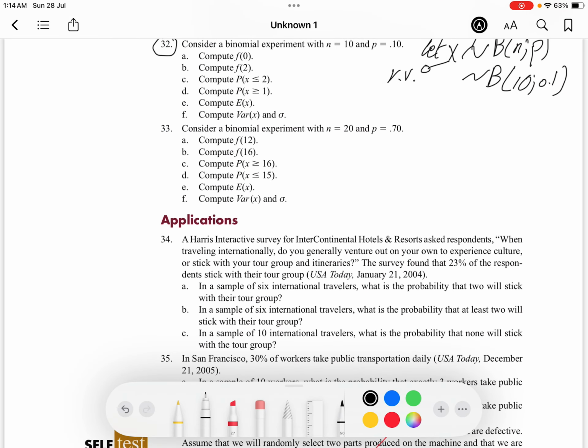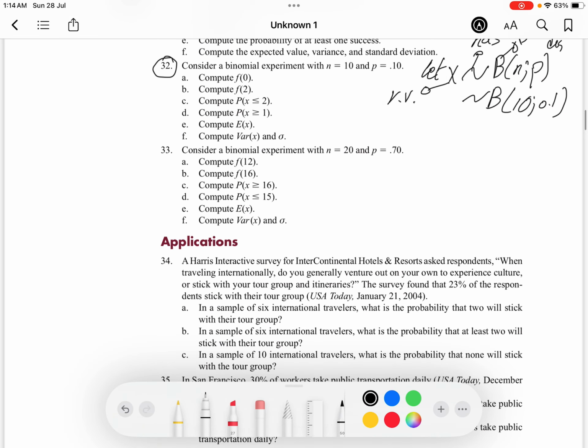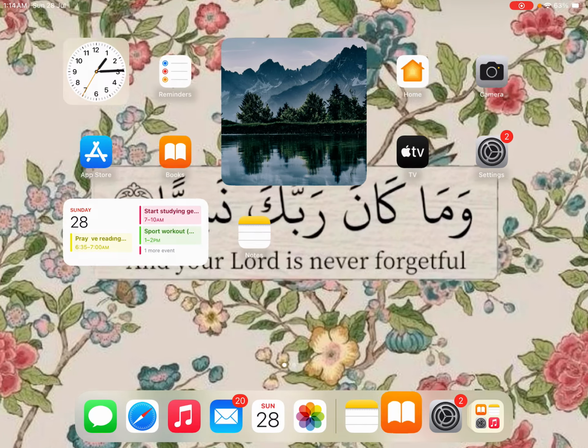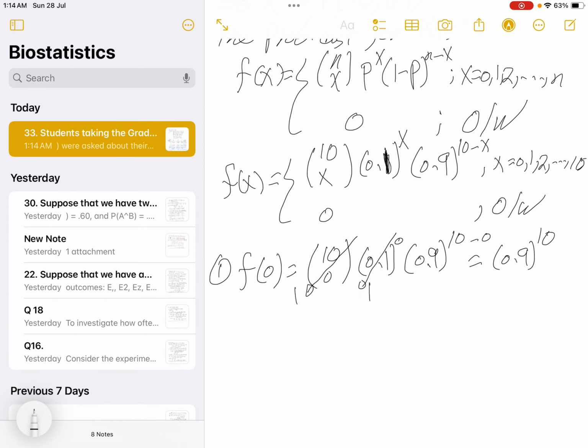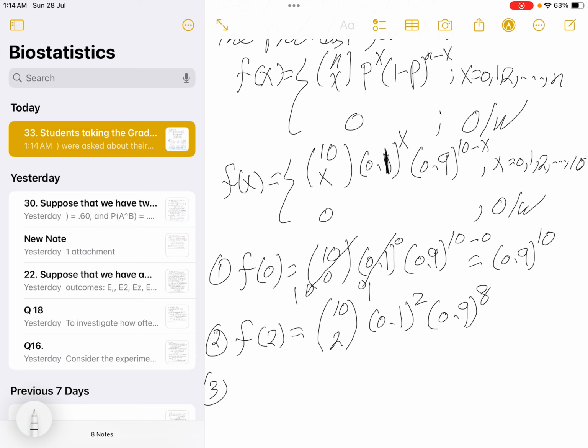Second question, f of 2: replace x with 2, 10 over 2, 0.1 to the power 2, 0.9 to the power 8. Leave it. I don't want the final answer.